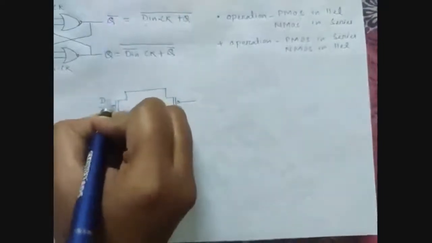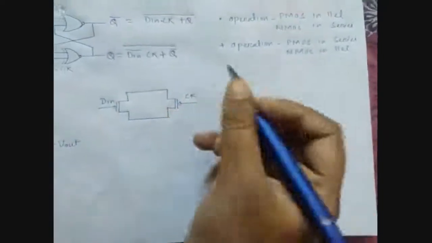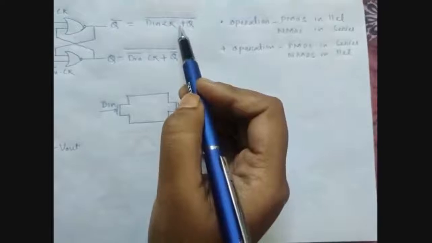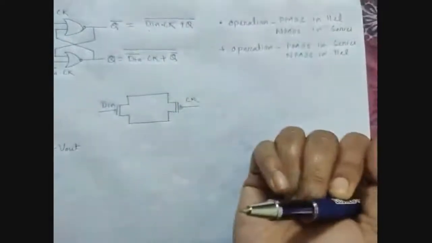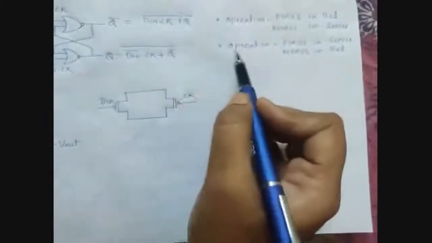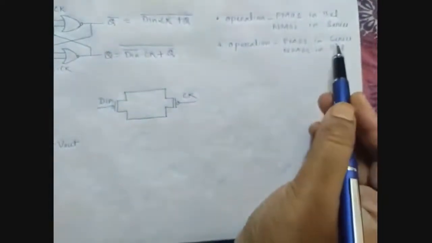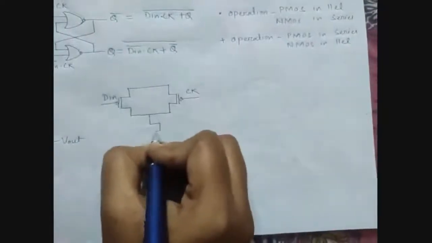This one is D in, this one is CK. Then Q is connected in series, because plus operation means PMOS connected in series. So the PMOS part is complete.